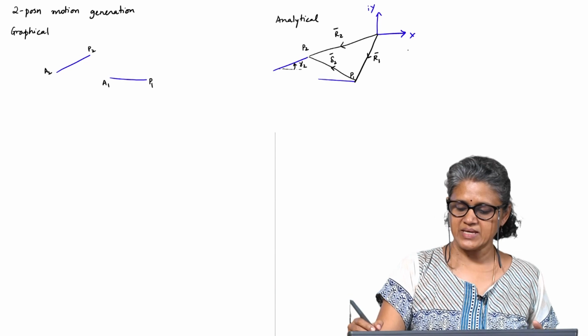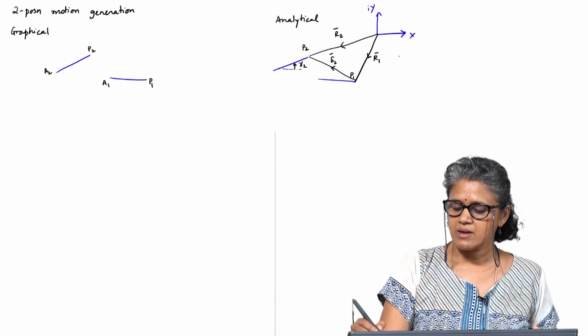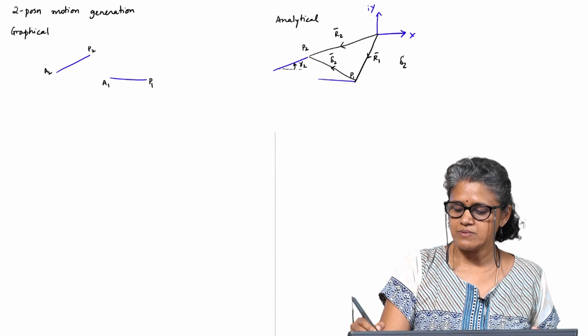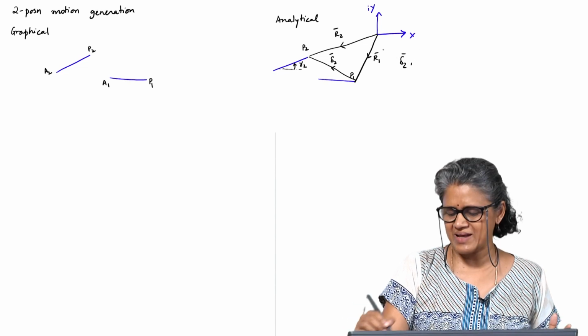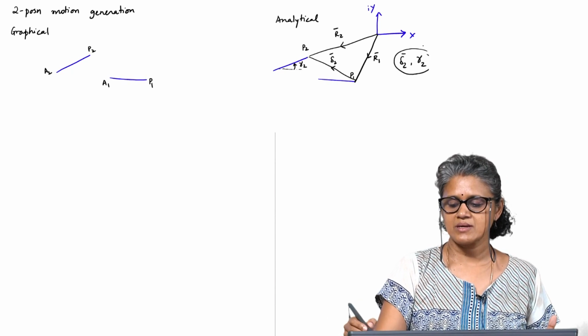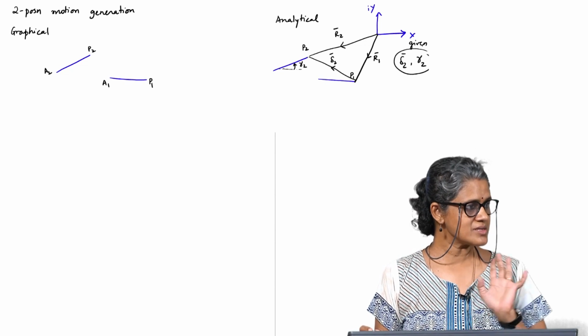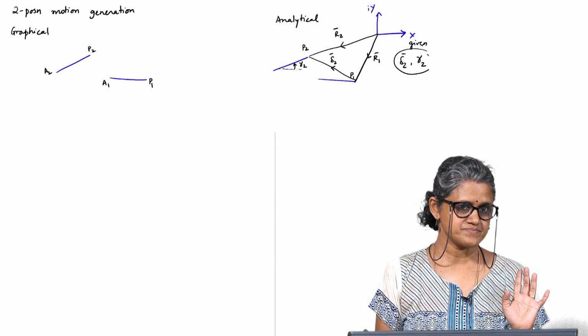In this case I would be given delta 2 and R2, or R1, R2 and gamma 2. Okay, this is given. In the graphical case I would be given these 2 locations as is.